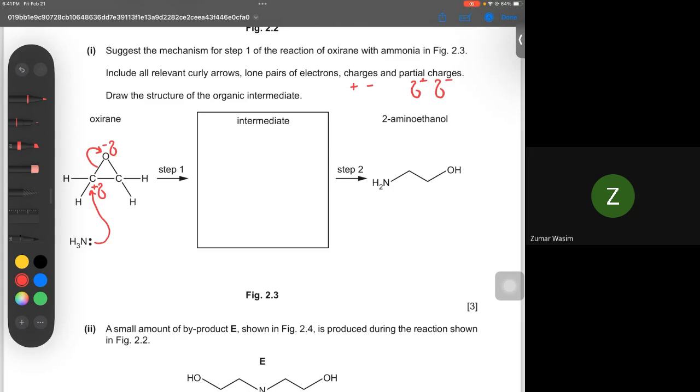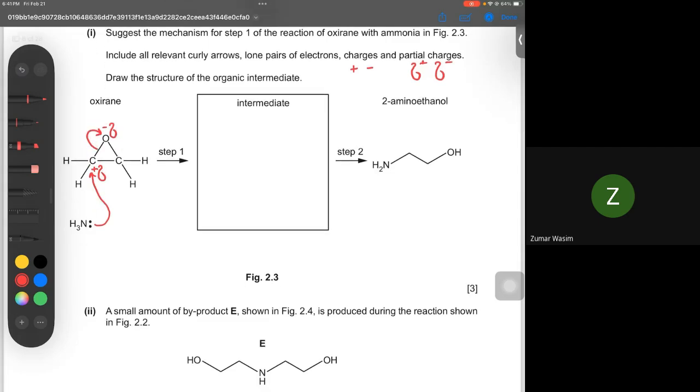So what would be the structure for the intermediate? You can say this bond is being broken. It would be just like this, O negative, and this oxygen is connected with two carbon atoms.